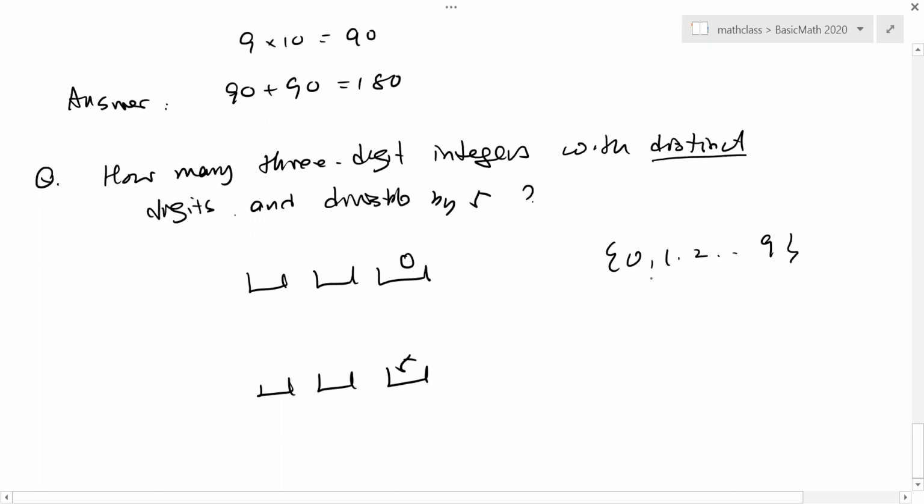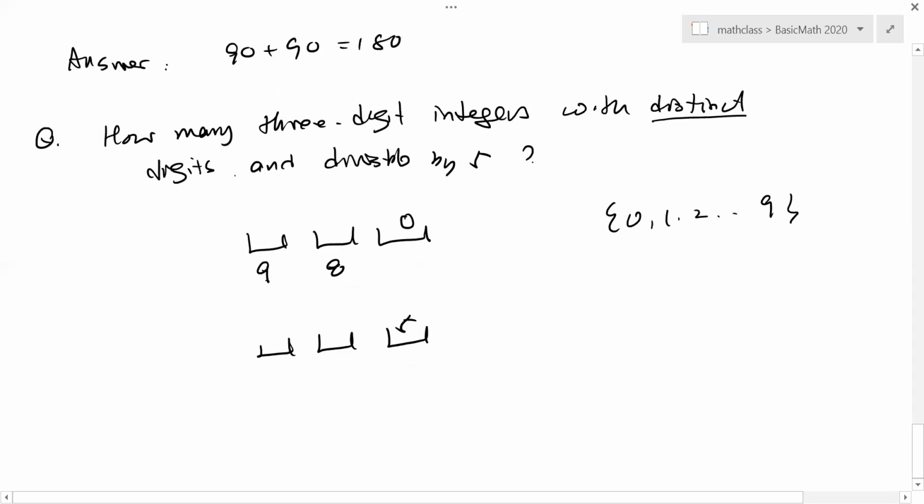You have 9 choices for the first one because you cannot use 0. For the second one, 10 digits, because all the digits must be different, only 2 digits are used, so you only have 8 choices.